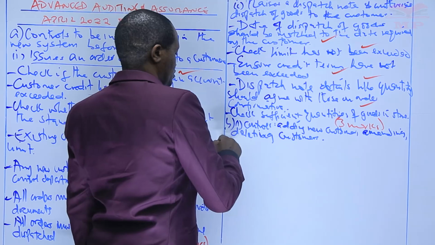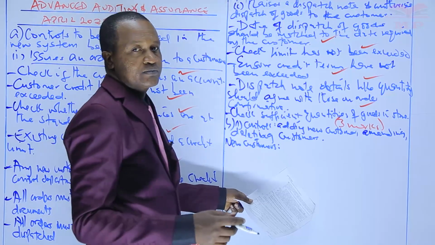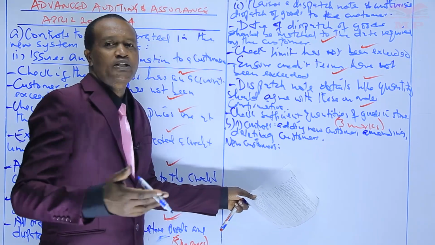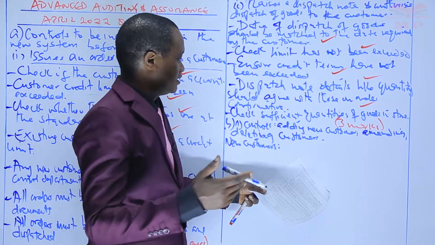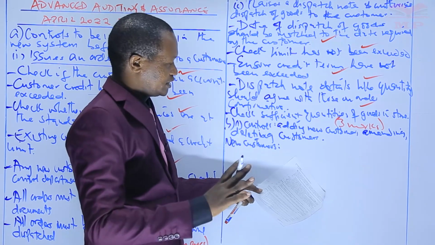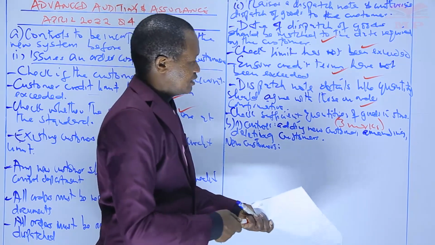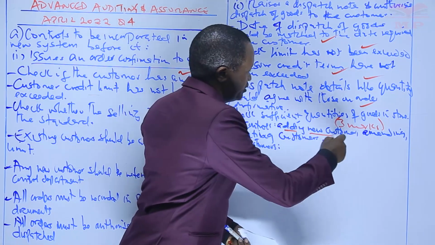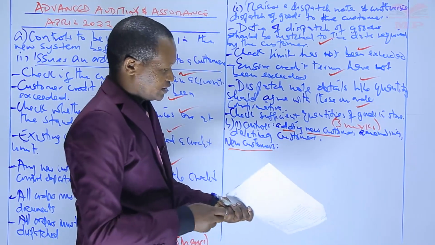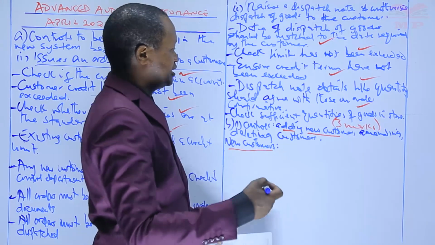So let's have a control for new customers. The adding of new customers should be supported by written evidence.